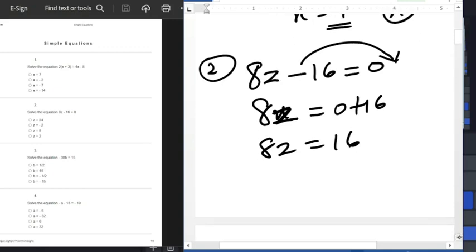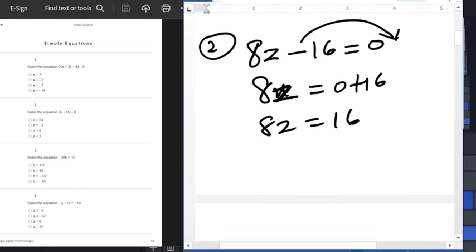Now, what we have beside the z, the unknown, that is the variable, is 8, which is its coefficient. So once you have a coefficient, that is the whole number multiplying the unknown, we divide both sides by the coefficient. So divide both sides by 8.